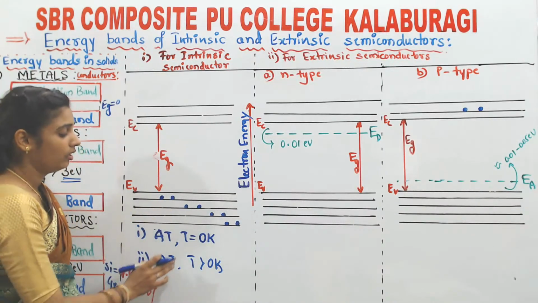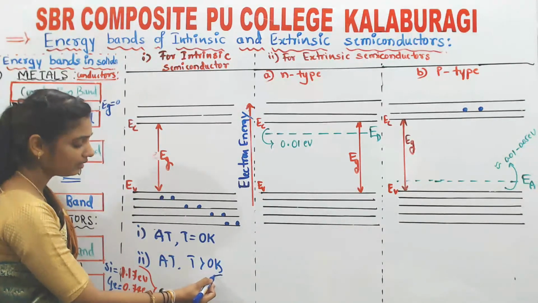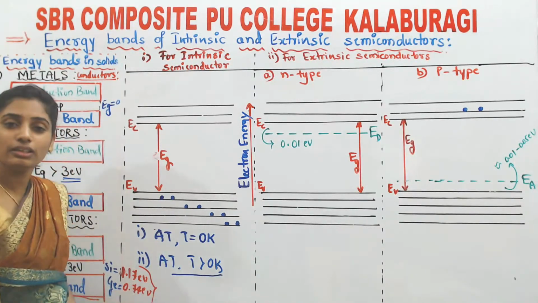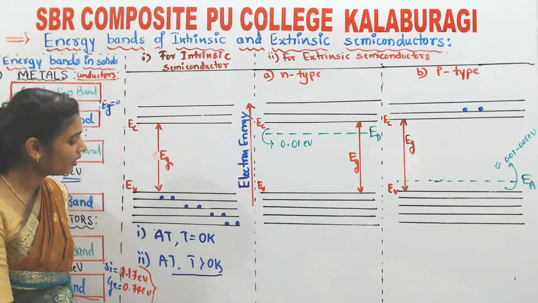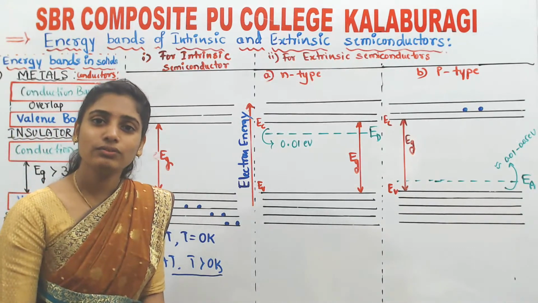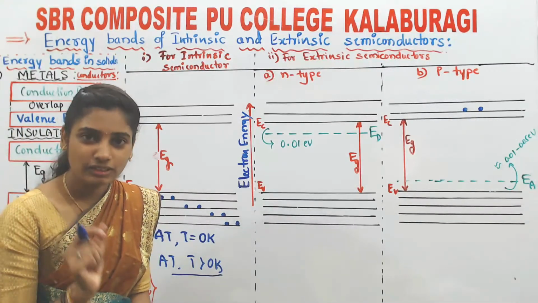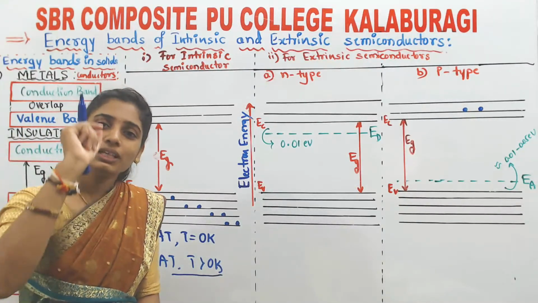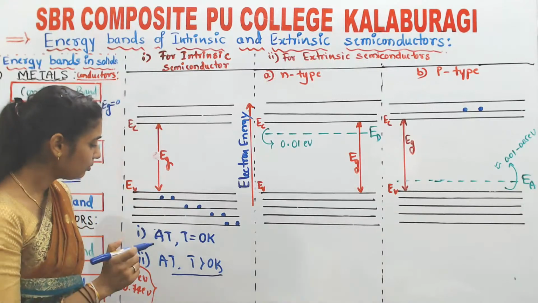But when T is greater than 0 Kelvin, the electrons get enough thermal energy to jump to the conduction band.